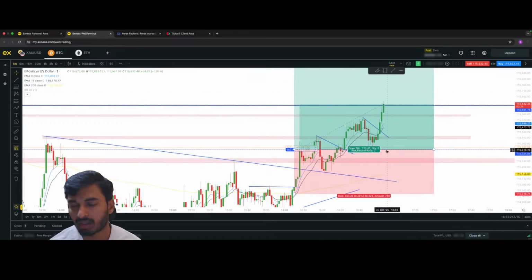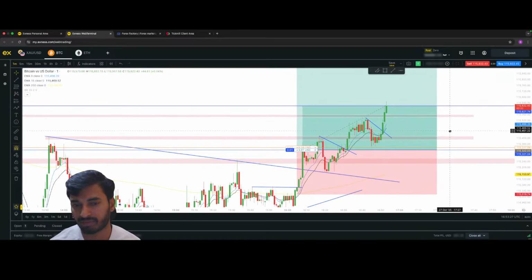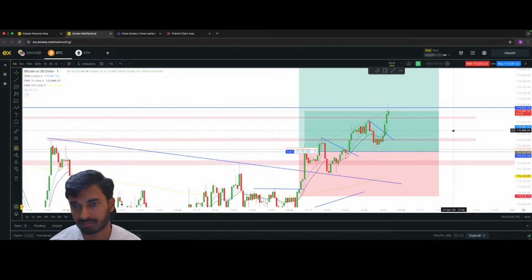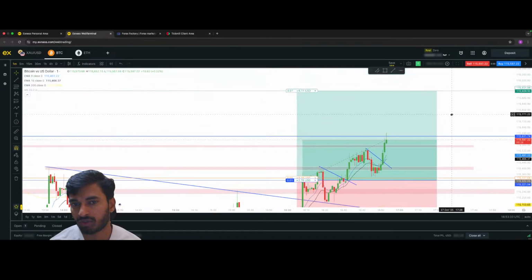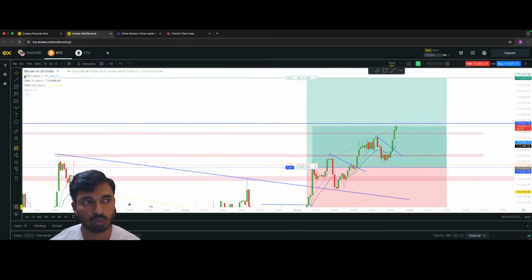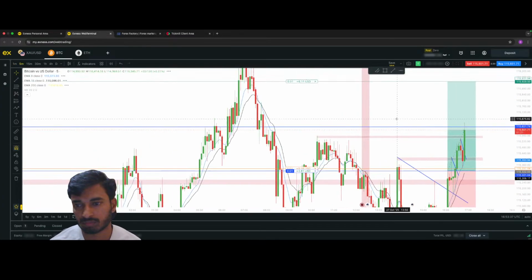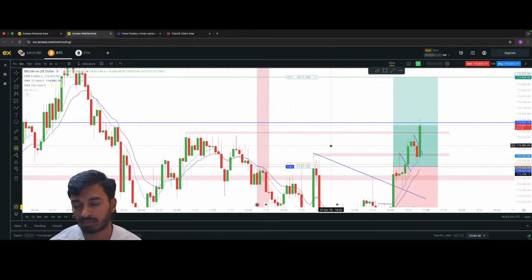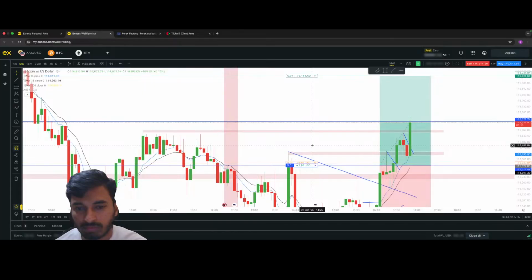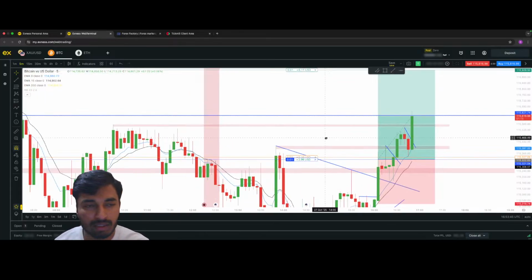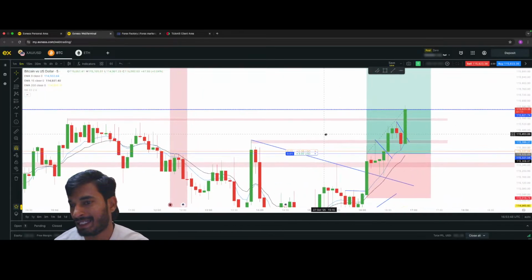If it comes down also, my capital is safe, because I got 1:1. Now I should aim for 1:2. My trade is now completely risk free.